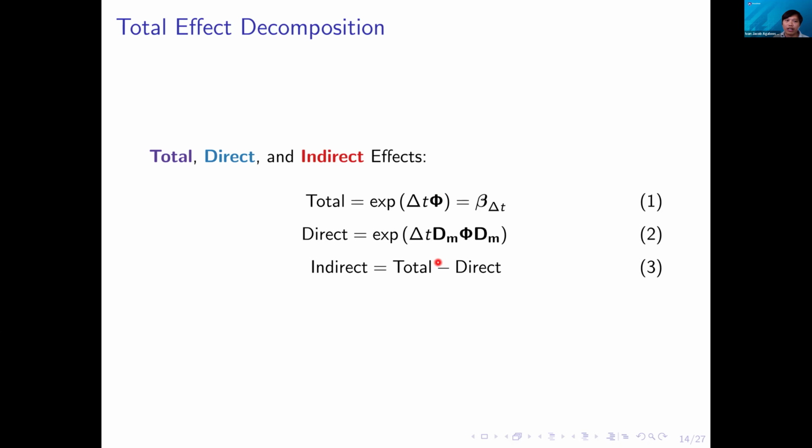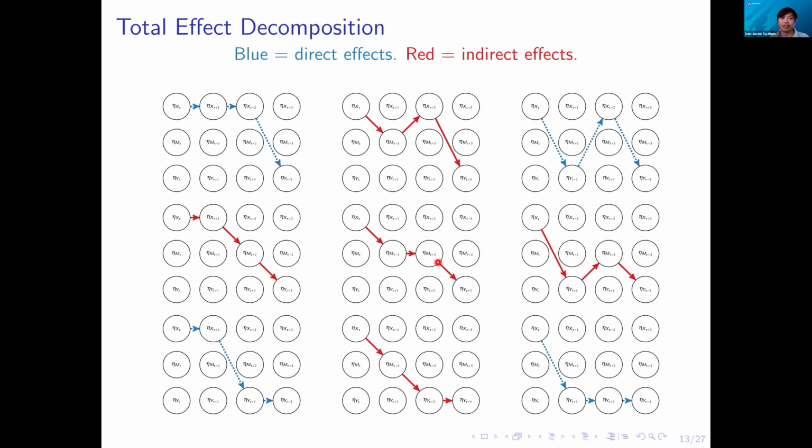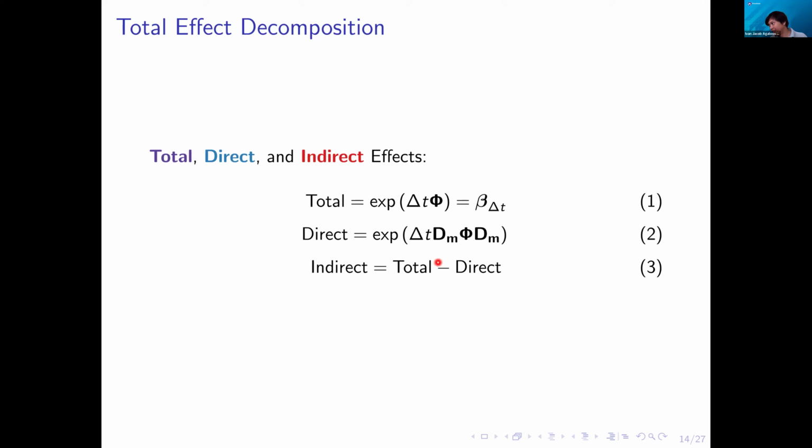Similar to the example a while ago, it's basically just getting sums of the direct and indirect effects as we defined them in this discrete time example.